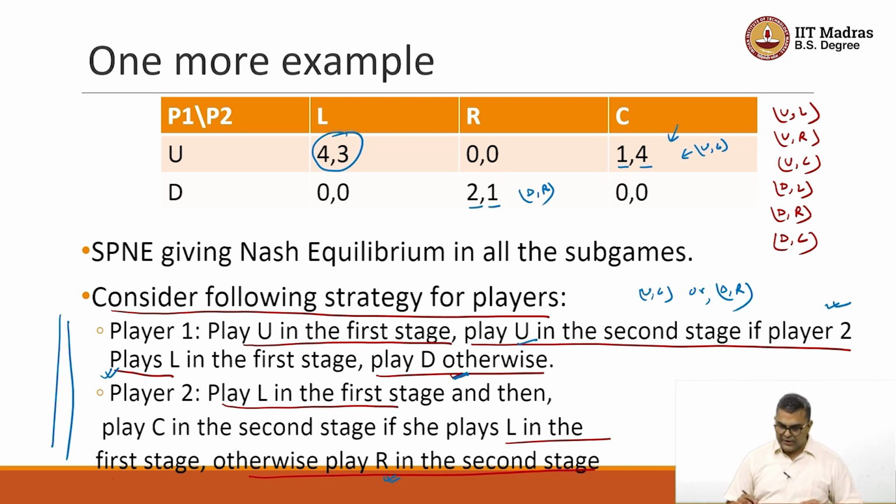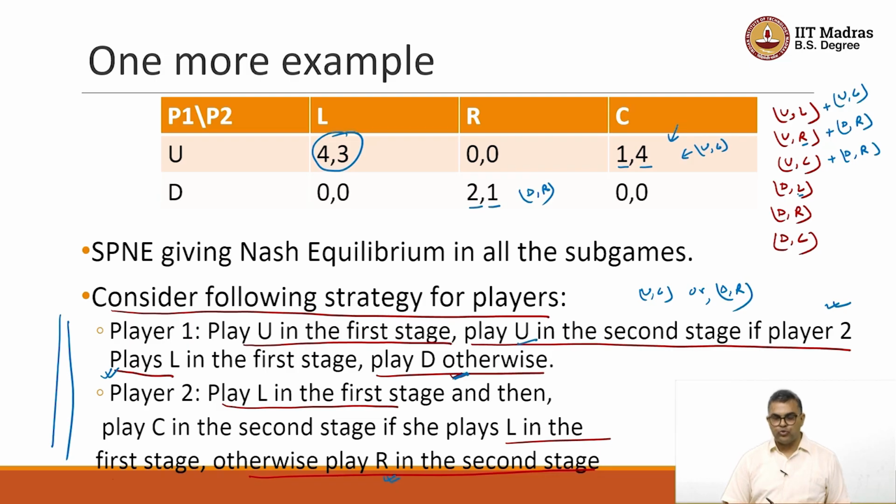So what's going to happen after U comma L? We will have U comma C, which is very much possible because this is a Nash equilibrium. Here player 2 doesn't play R, so here D comma R is going to happen. Here also D comma R is going to happen.